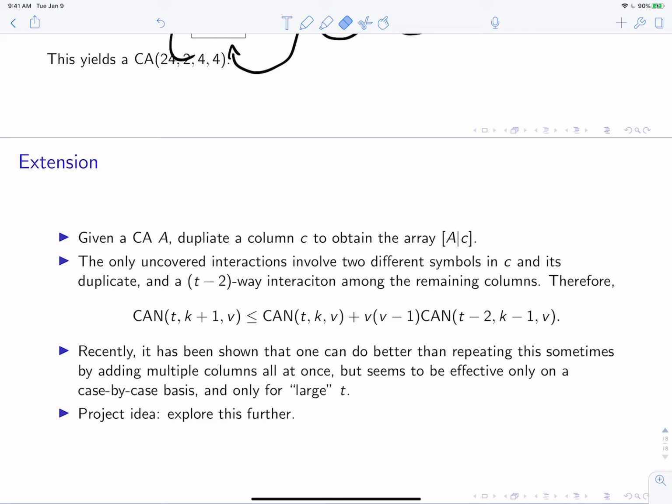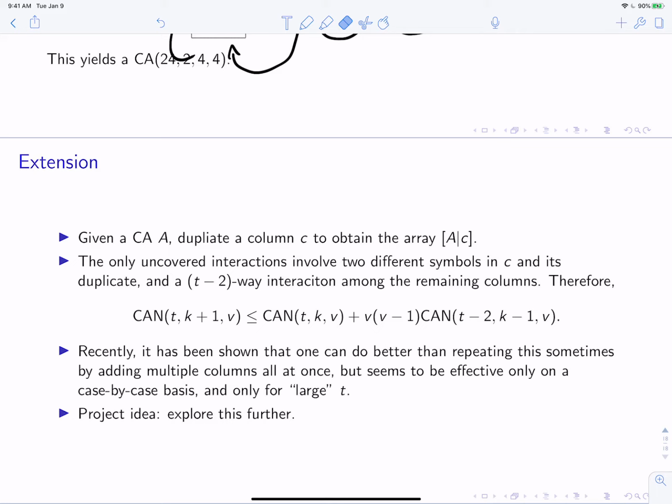But the idea is that you work with the new column and t minus 2 other ones because you duplicated a column. So you take a column, you duplicate it, and now if you have an interaction that works with exactly one of the 2 columns, the one you had in the duplicate, then that one is still covered because you copied the column.